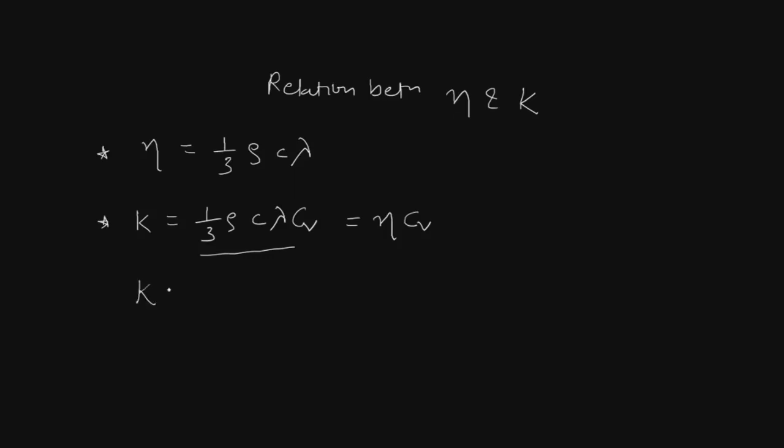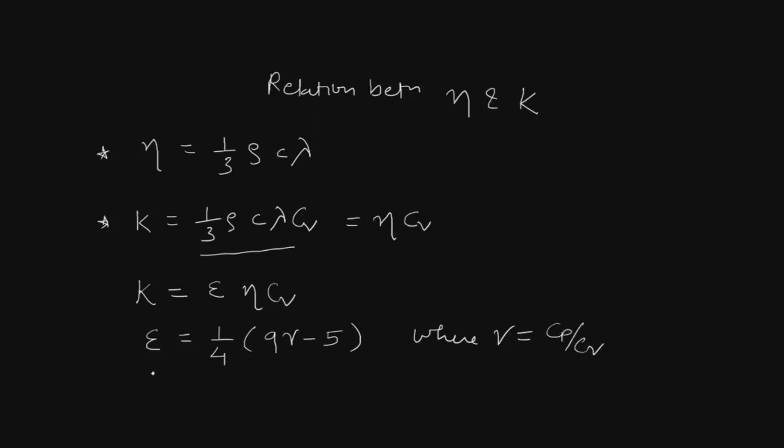They said that K is equal to epsilon into eta into Cv, where epsilon is equal to 1 by 4 times (9 gamma minus 5), where gamma is equal to Cp by Cv, that is the ratio of the specific heats, and therefore we can write K as equal to 1 by 4 into (9 gamma minus 5) into eta into Cv.